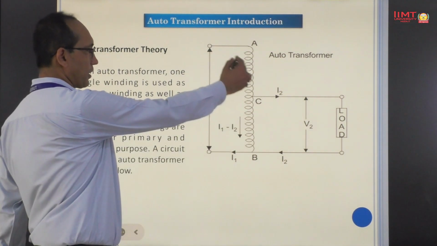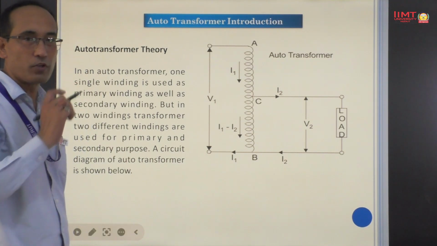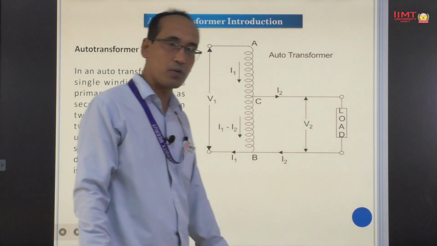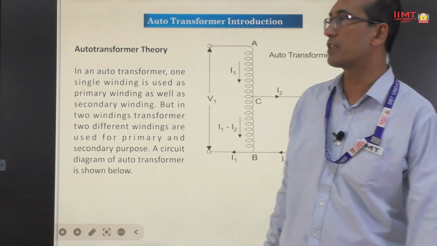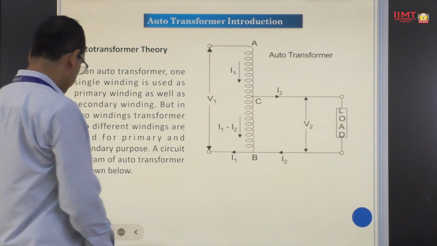So this is the current distribution of single phase auto transformer, step down type. We have two types of auto transformer here: one is step up auto transformer and second is step down auto transformer.